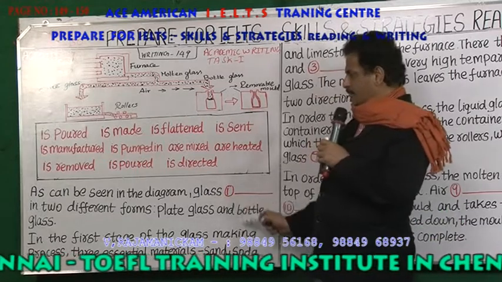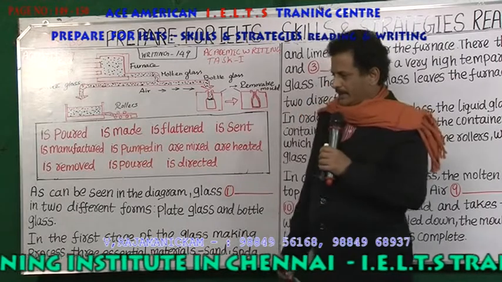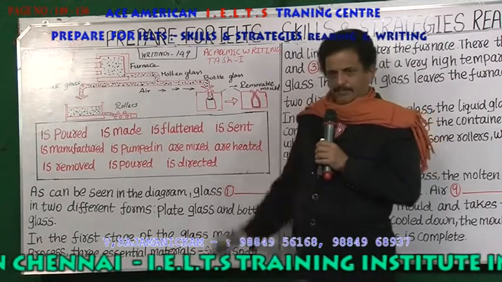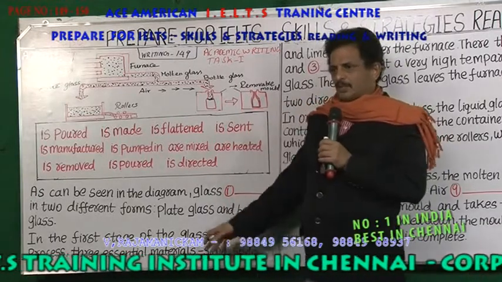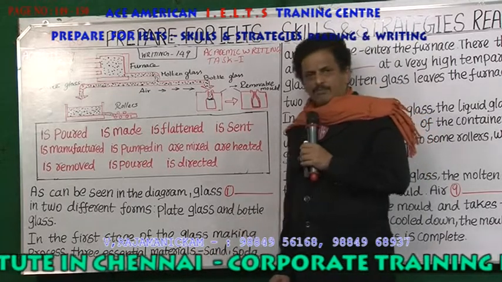Plate glass and bottle glass. Plate glass, that is for car windshields, it is just plain plate. And bottle glass, for bottling purpose. So, two types of glass are made. One is plate glass and the other is bottle glass.